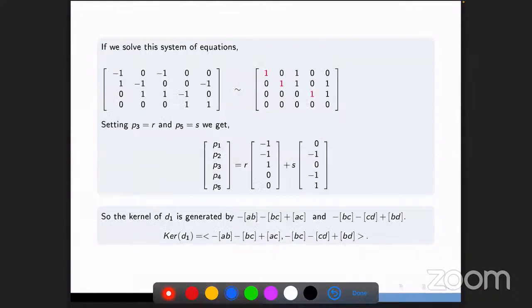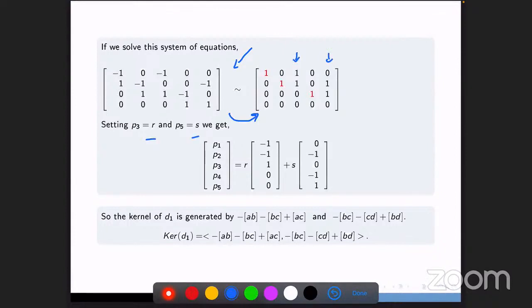And if we solve this system of equations, as we know from linear algebra, we can use row reduction, and we will see that P3 and P5 are going to be free variables, and we can represent the others with respect to these.